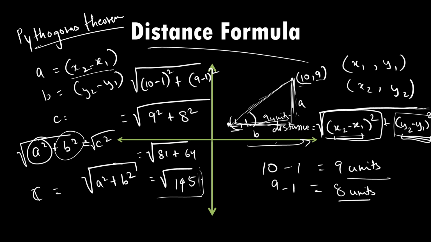So our answer is the square root of 145. The distance between these two points is root 145 units.